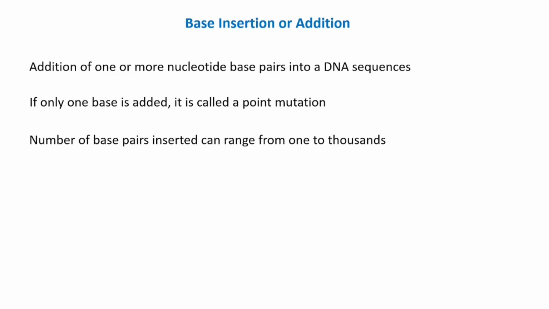For example, if this is a nucleotide sequence, then addition of a nucleotide A to this sequence will change this sequence to the one which you can see on your screen. You can see the letter A highlighted in red, which is the newly added nucleotide.